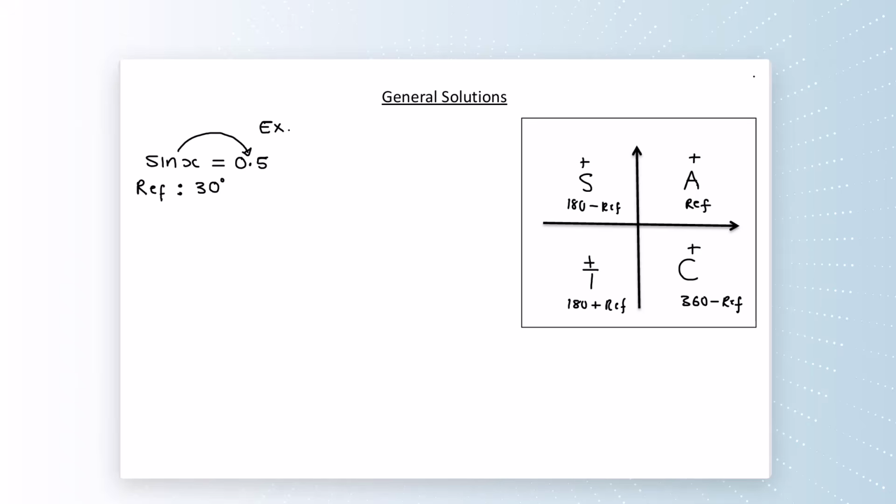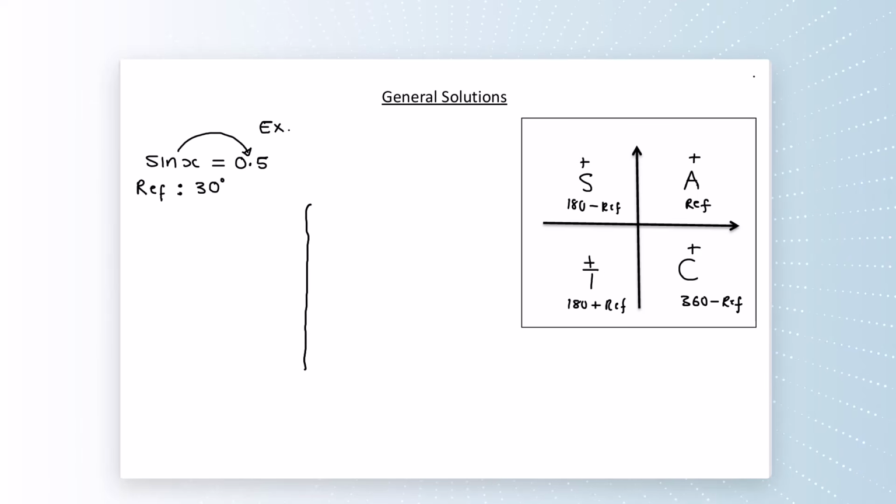Number 2, you want to ask yourself this question. The number on the right hand side here, is it positive or is it negative? Well done. The 0.5 is positive. So we are going to check where in the CAST diagram is sine positive.